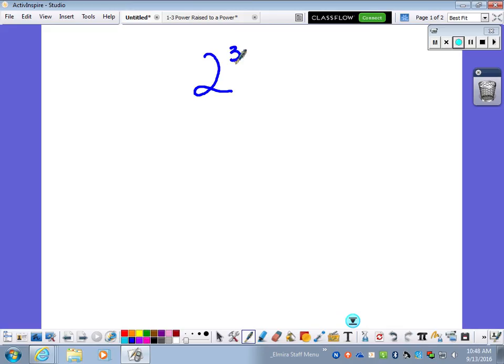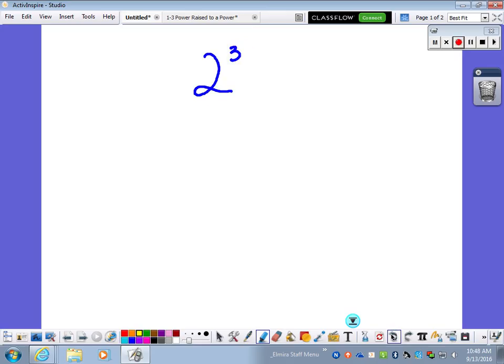So the 2 is a base, and the 3 is an exponent, and that's vocabulary we've already talked about. The whole thing together is called a power. 2 to the 3rd power, the whole thing is called a power.